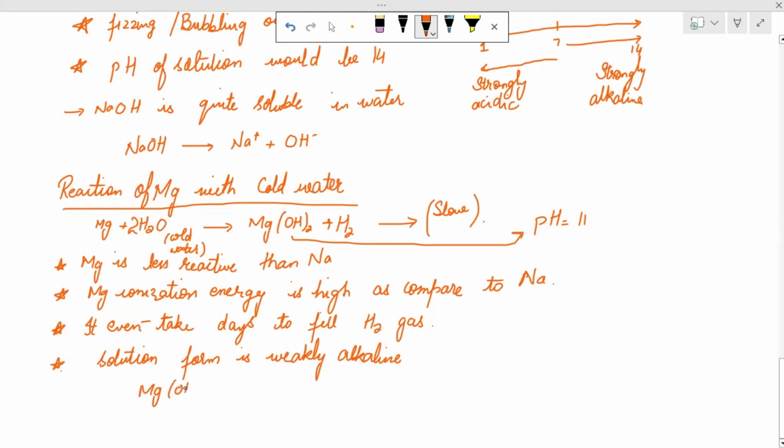I have told you that group 1 alkalis would be more soluble in water, but magnesium hydroxide is less soluble in water, so you can say slightly soluble in water. And it's weakly alkaline. It is going to be split up into ions like Mg2+ plus 2 OH-.